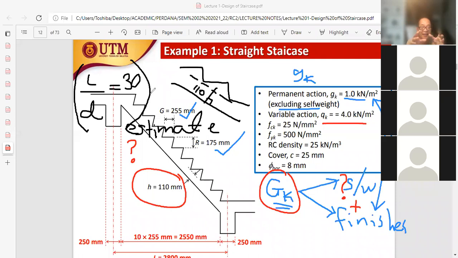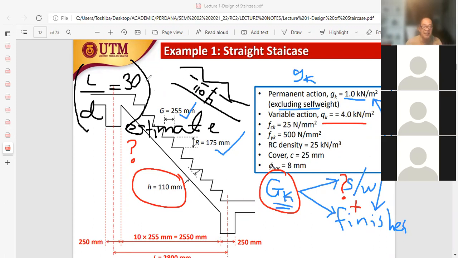Estimate je lah, anggaran. So 26 times 1.1 ataupun 1.2, siapa ada calculator, might be close to around 30. Okay, even 1.3. So that is how the value of 30 is taken as a guide to obtain an estimate of the thickness.